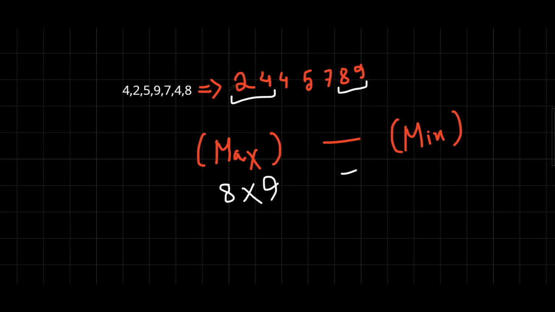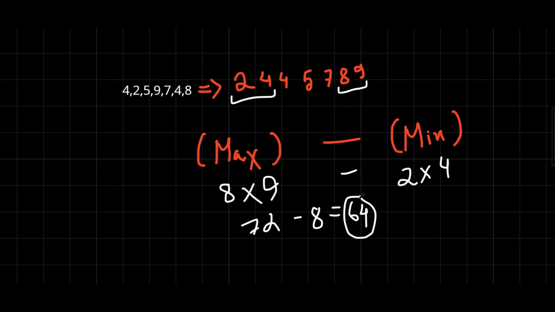And we should take the first two elements if we want to minimize the product. So here the minimum product will be 2 into 4. So here 72 minus 8 will become 64, which is the respective output.